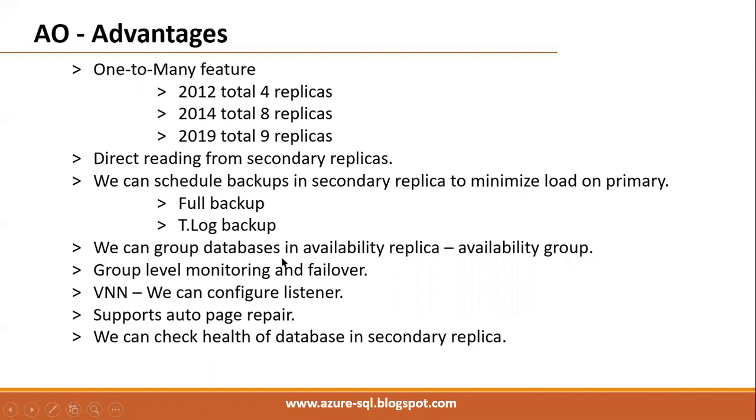In the same way, here we can group databases in an availability replica, which is also called an availability group. So group level monitoring and failover options are there. VNN, virtual network name, we can configure the listener here. We can group the primary and secondaries with a virtual name, and this virtual name is registered in the domain controller.